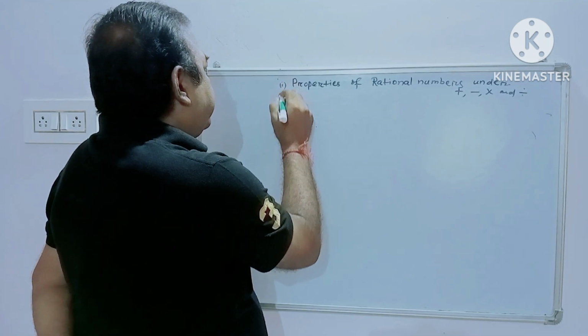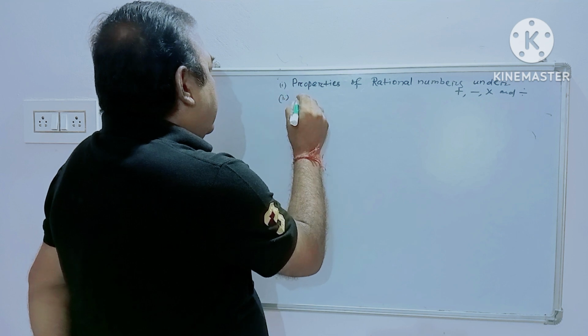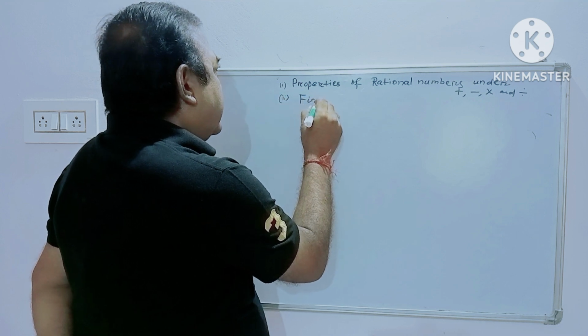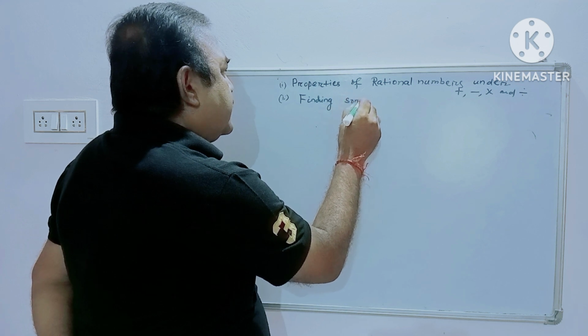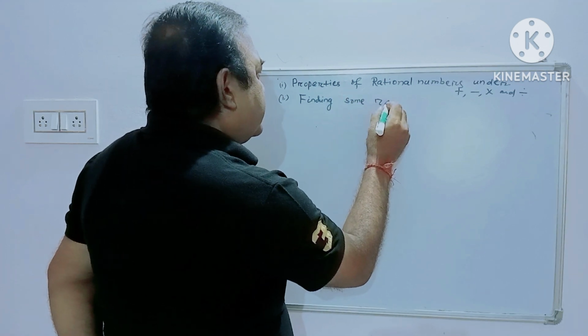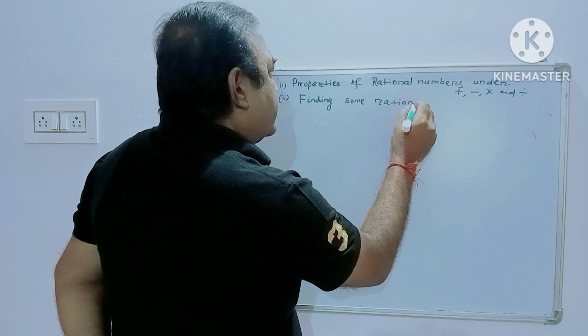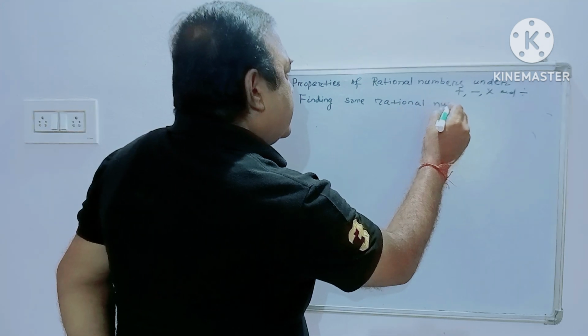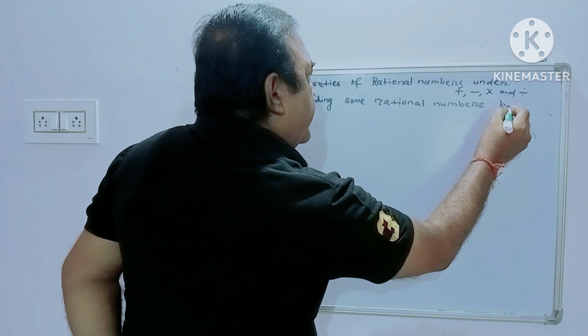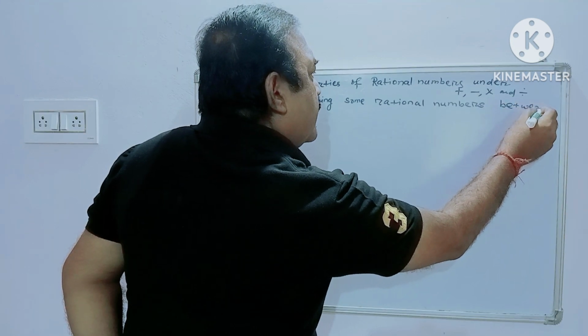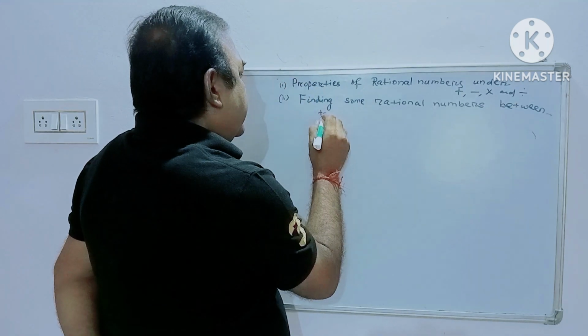Next, finding some rational numbers between two given rational numbers.